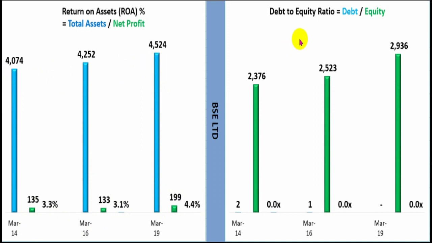Let us look at the debt to equity ratio. Here we have already seen that the company is almost debt free by March 19. In March 16 the overall debt was just 1 crore, and that too was very low. The company's total equity base is 2,936 crores. But even earlier when we looked at all the return ratios, ROE, ROCE and ROA, we saw that based on the amount of equity or net worth the company has, it is not earning a substantial profit.